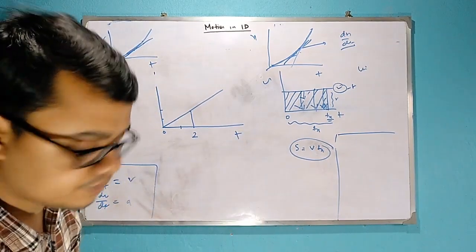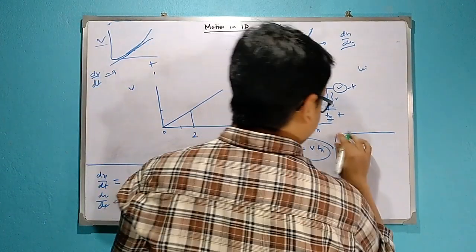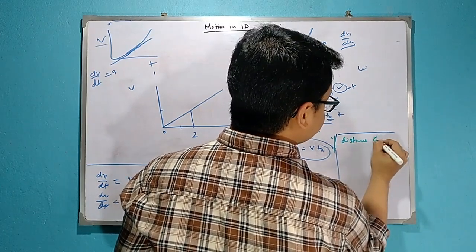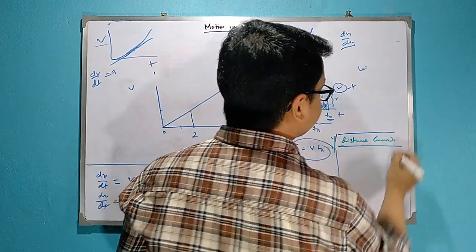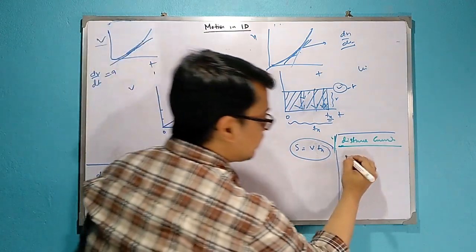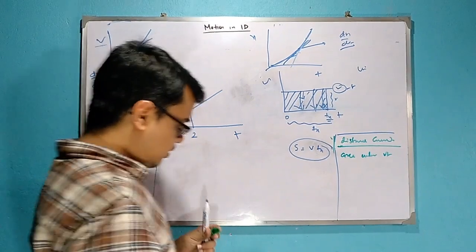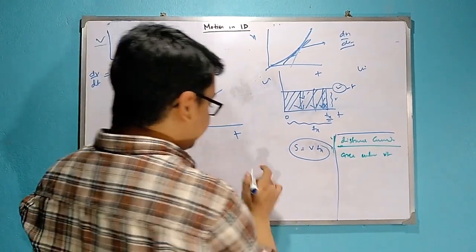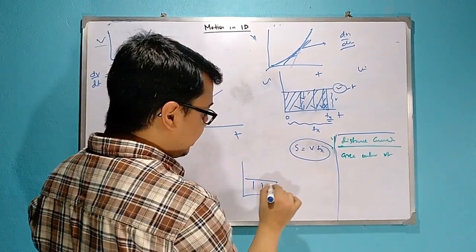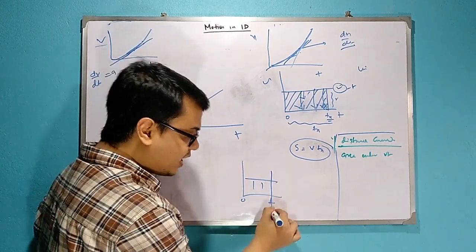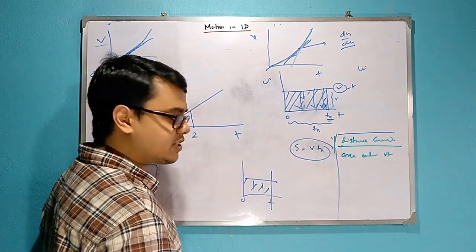That means distance covered is equal to how much? Area under the vt graph. So if this is my vt graph, the area is this much, for 0 to t. So this area is the distance covered.